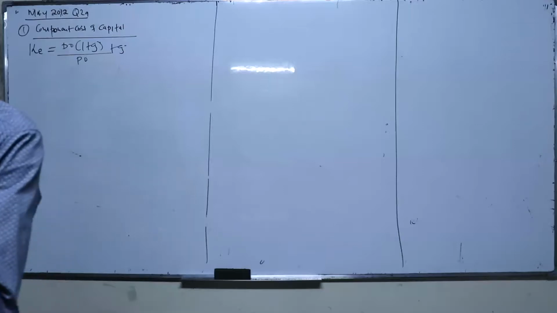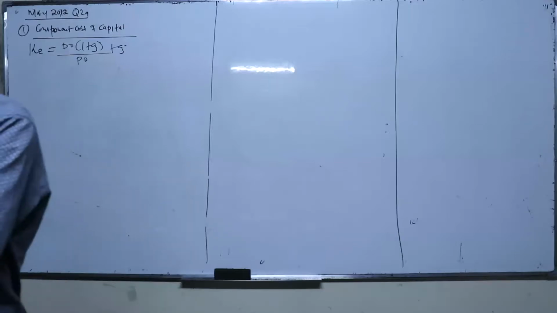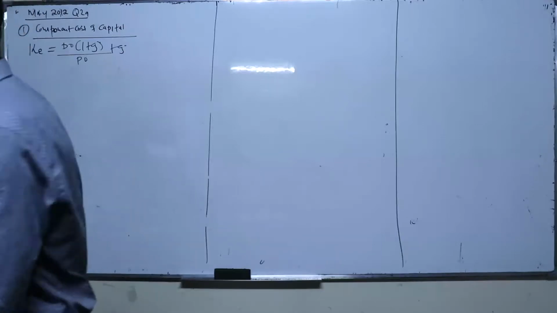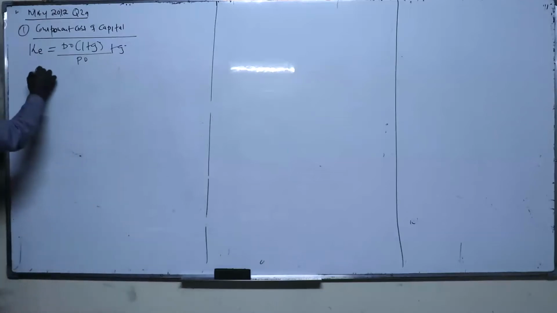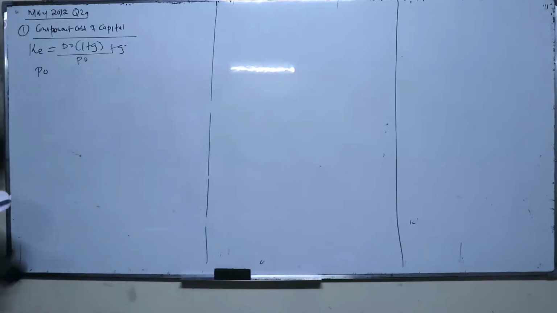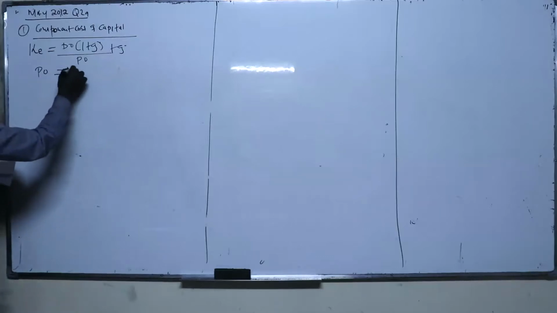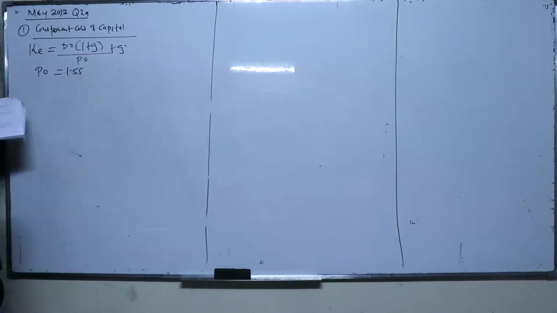So the formula we know. So we have the shares. The dividend is 0.09. So the P0, the market price, must be ex-div. Cum div means inclusive of the dividend. So the market price inclusive of dividend is equal to 1.55, is it so?